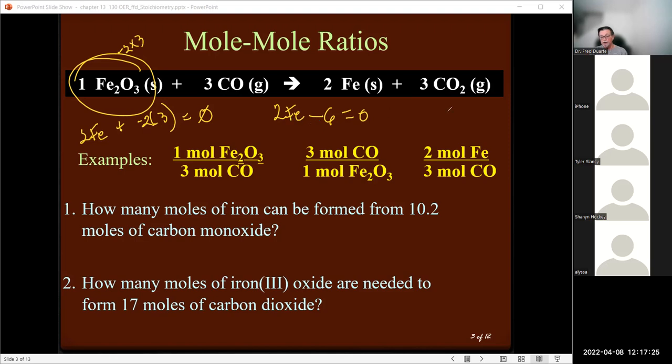So we solve for iron, and iron becomes a +3. So under this structure here, if we give it a name, it would be iron Roman numeral 3 oxide.